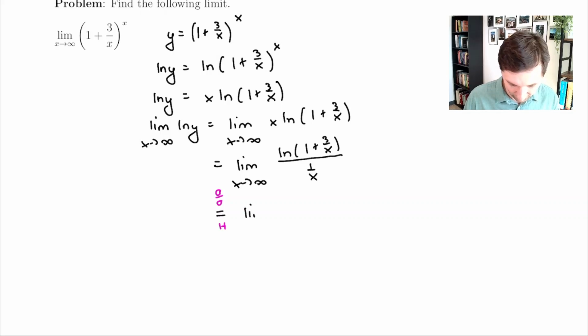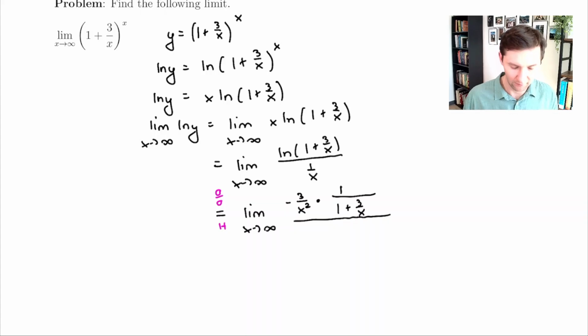And I get the limit as x goes to infinity. Take the derivative in the numerator. Using the chain rule, I get negative 3 divided by x squared times, and the derivative of ln is 1 over whatever was inside of ln. The derivative in the denominator is negative 1 over x squared.